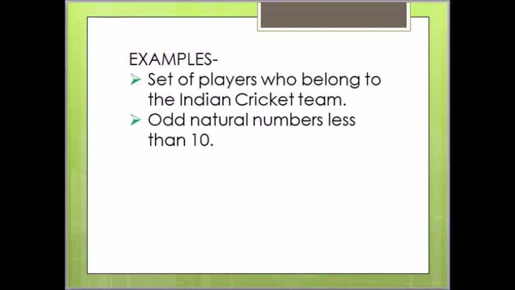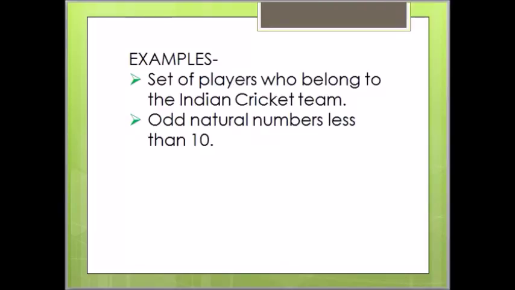For instance, consider these two examples. Set of players who belong to the Indian cricket team. So in this set, all the elements which belong to this set have one common property. And what is it? That they belong to the Indian cricket team. In the second example, which is odd natural number less than 10, all the elements again have one common property.